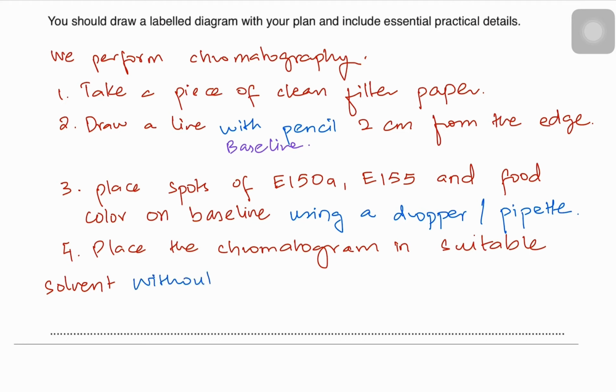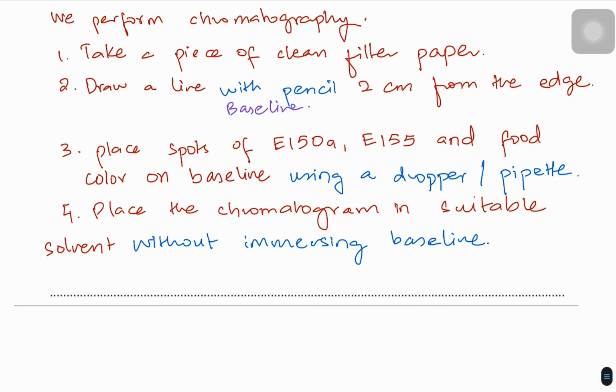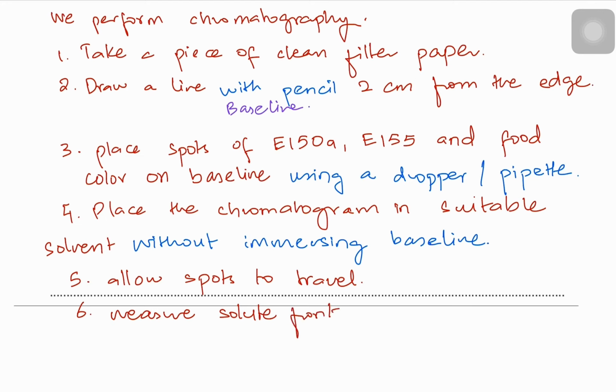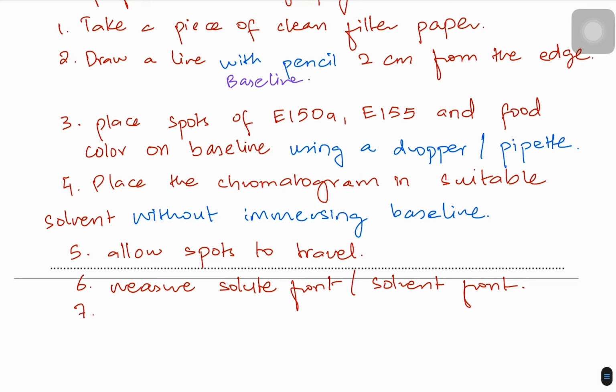without immersing baseline. Then what happens? Allow spots to travel. Then measure solute front, because that is how we do chromatography. Solute front, solvent front. So solute front and solvent front, and then you talk about calculate RF value.